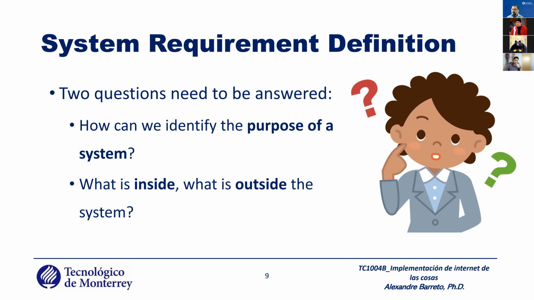What is the purpose of the system? In other words, what is inside the system? The second thing is, what is outside? What is the purpose of the system? You define the border, okay? And when you define the border, you can identify what is outside and what is inside the system.